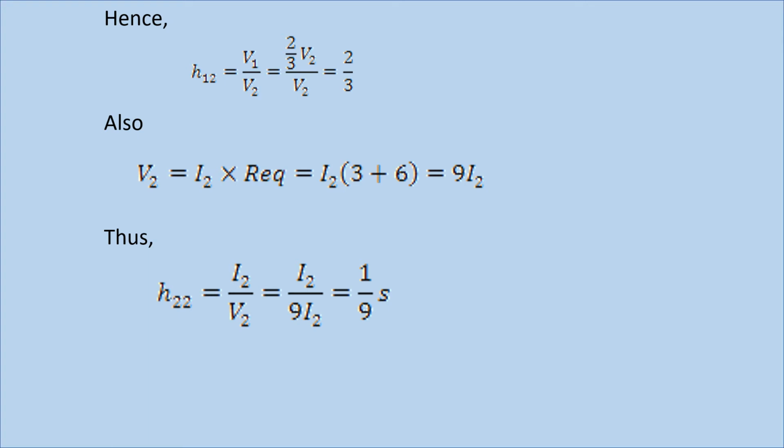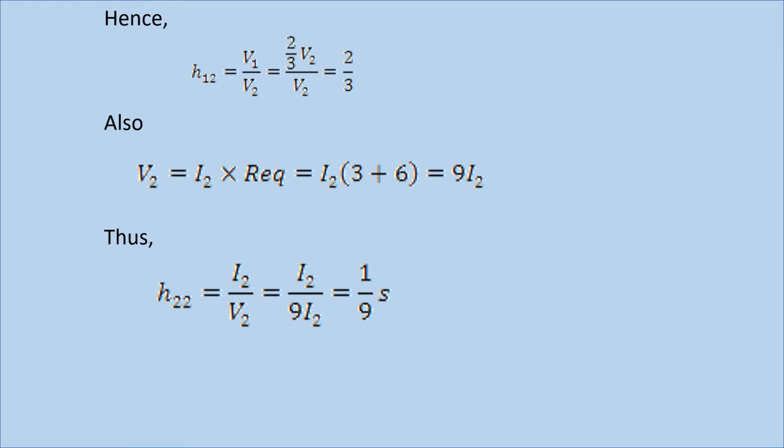Also, going further to calculate for our H22, we can say that from our formula, our H22, that is our open circuit output admittance, is I2 over V2.